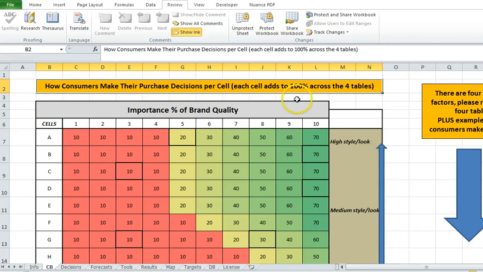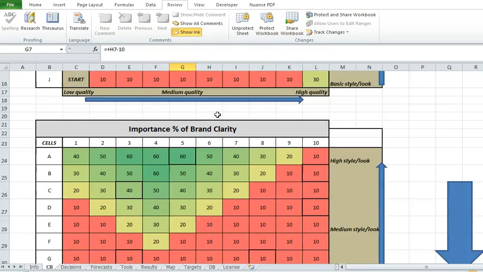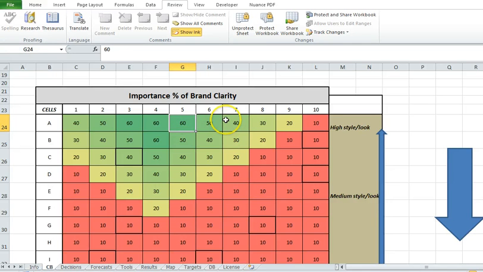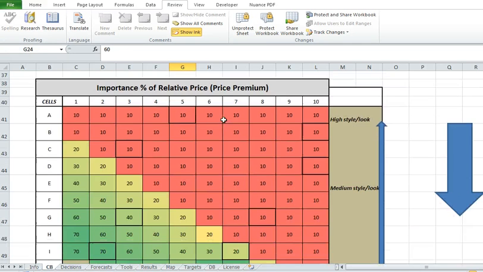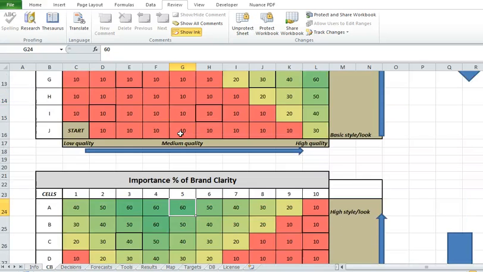So basically, each cell adds up to 100. Let's pick A5. Consumers who are looking for a product with the A5 qualities will make their decision based 20% on brand quality, 60% on brand clarity, 10% on relative price or a price premium, and 10% on the various deals and offers in the marketplace.